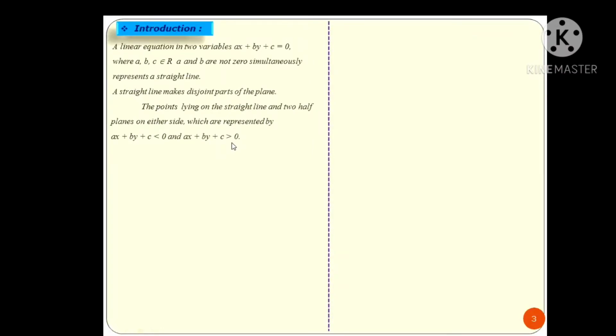From that line, the plane is divided into two parts. One condition you write as strictly less than, and in the second part you write strictly greater than.